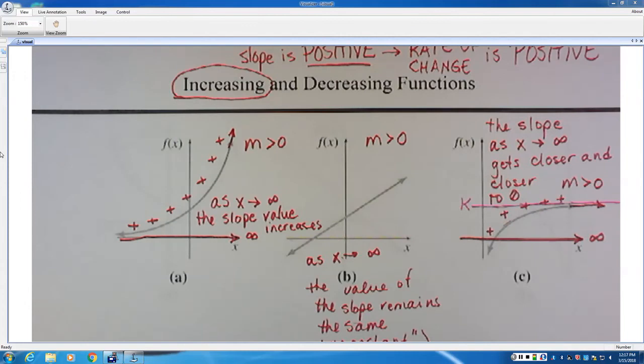So if those three functions represented, for example, cost in the first one, and the second one, and the third one, the cost is constantly increasing.